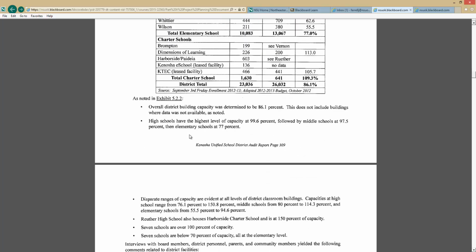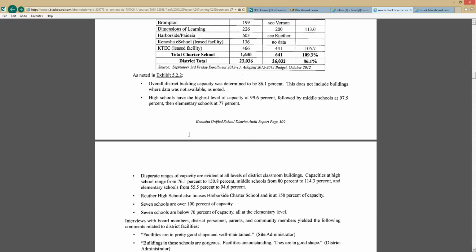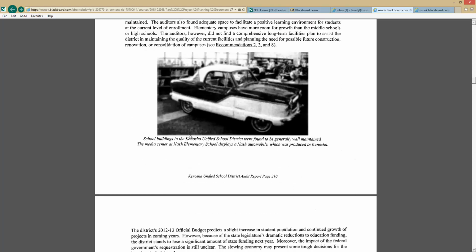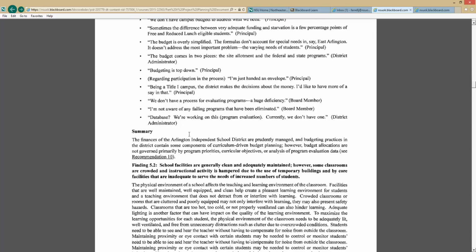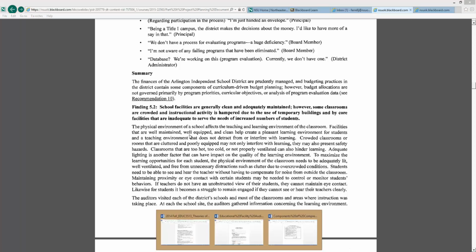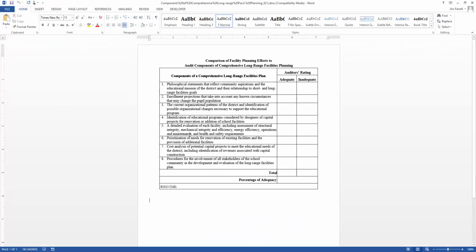And there are some more examples. You don't have to do all that. All I want you to do is, on the actual list, I want you to rate each criteria.